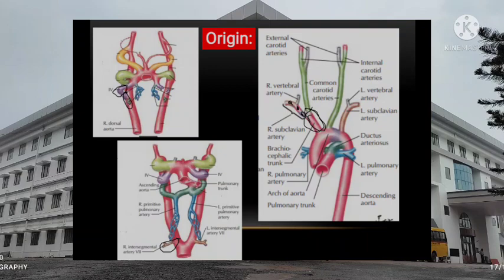In this diagram we can see that the subclavian artery arises from the arch of aorta, and it arises from three sources. They are the right fourth aortic arch, part of the right dorsal aorta, and the right seventh intersegmental artery.